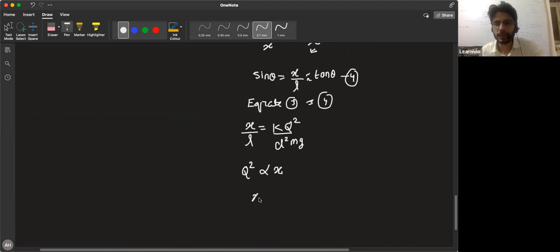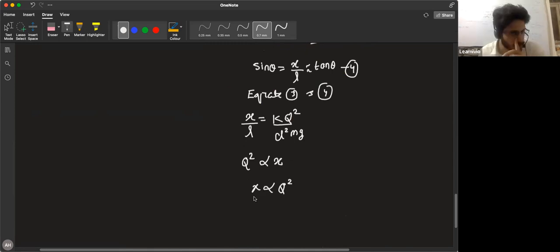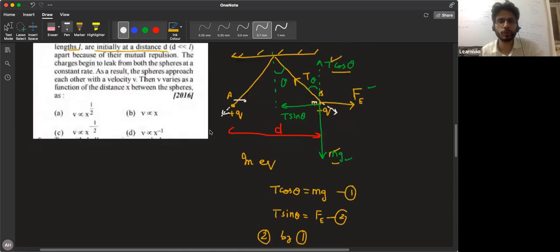So x is proportional to q square. Then how much is velocity? Velocity is dx over dt, which is proportional to 2q dq over dt.